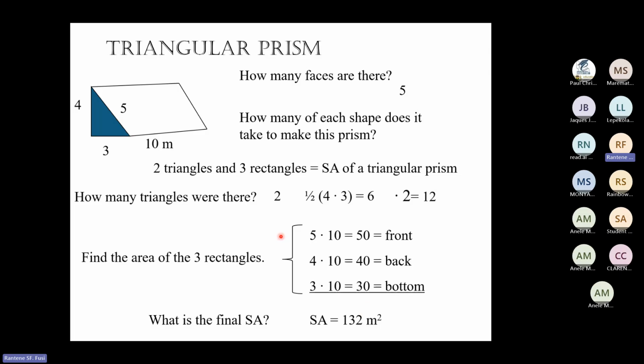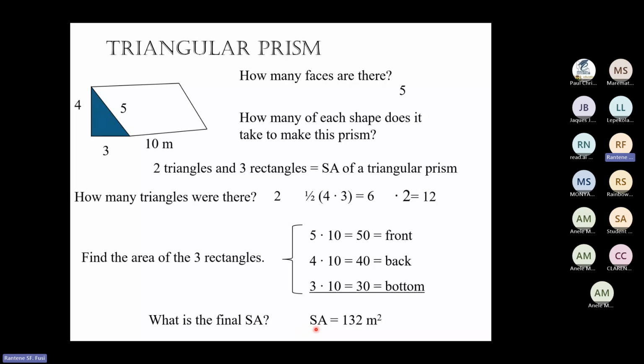In other words, if you add the areas of all these rectangles, they will give you, I think, 120. But this is only for the rectangles. What we want here is the surface area. The surface area must be all the faces of this triangular prism.